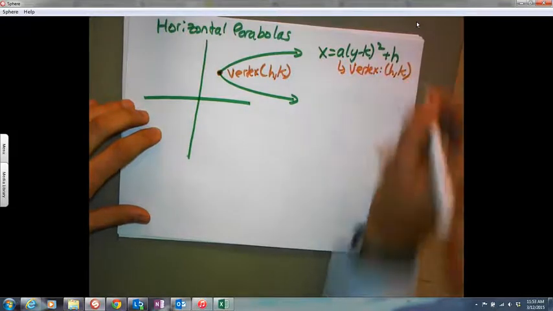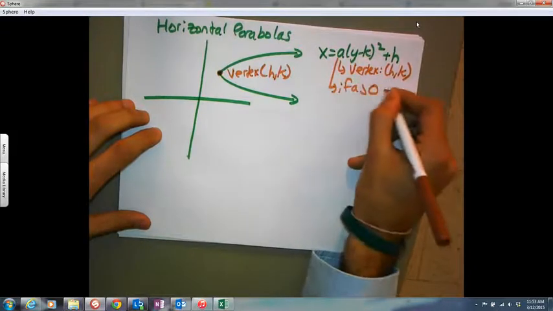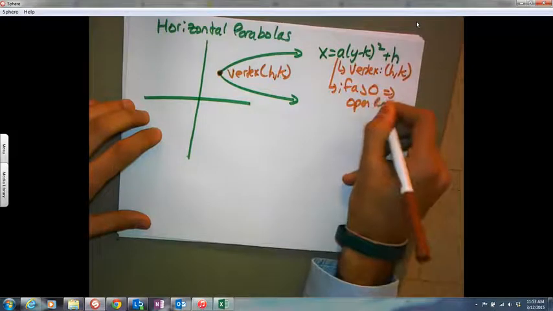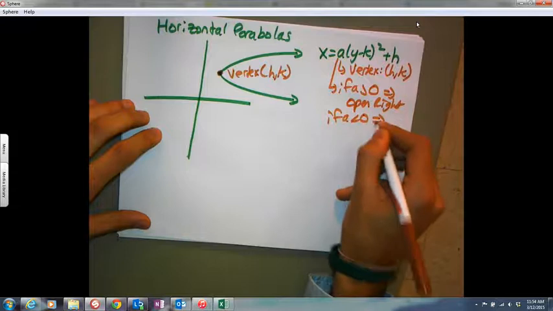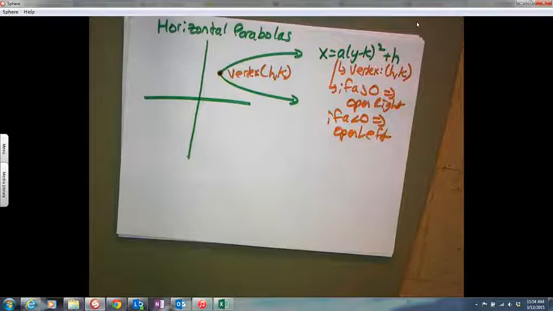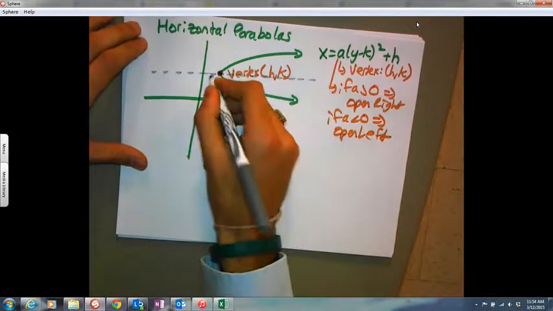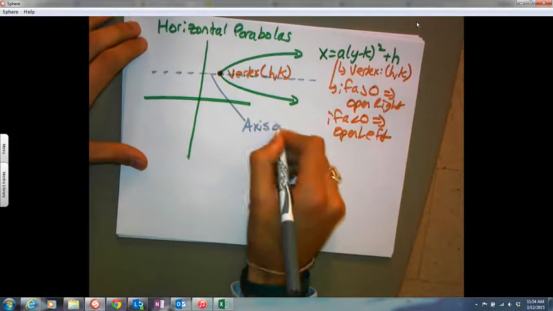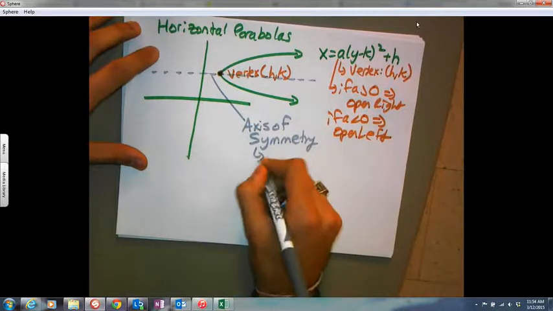And then we've got a: if a is above 0, it opens to the right, and less than 0, to the left. And again, the axis of symmetry here splits the parabola into two symmetrical pieces.